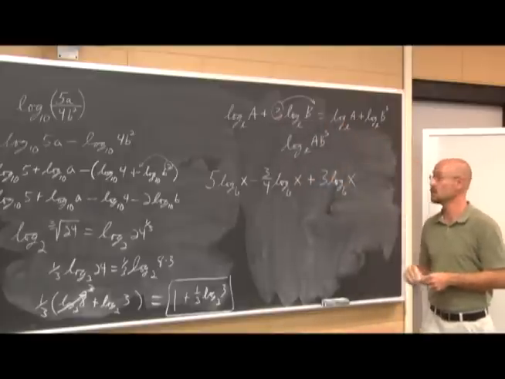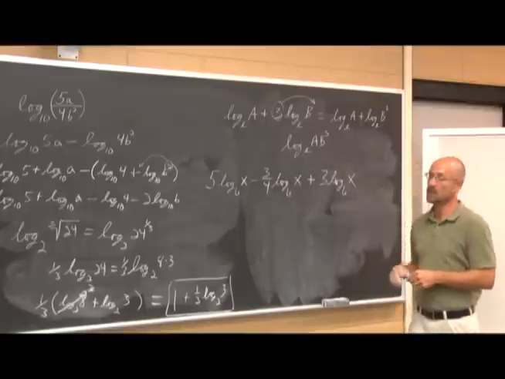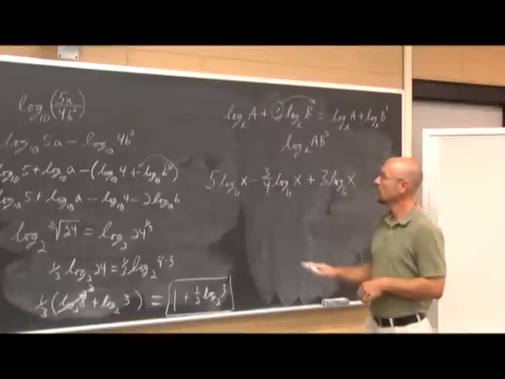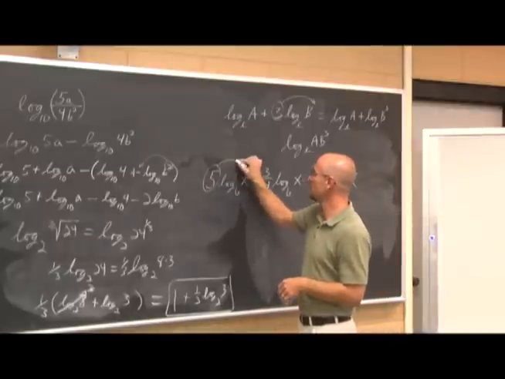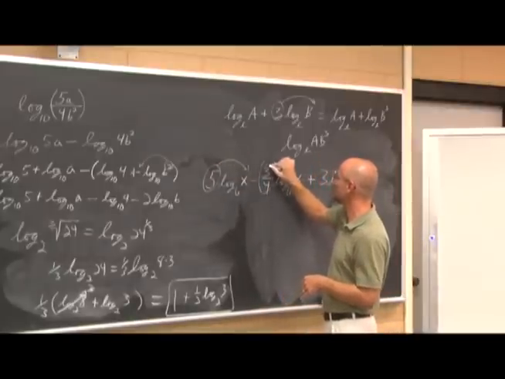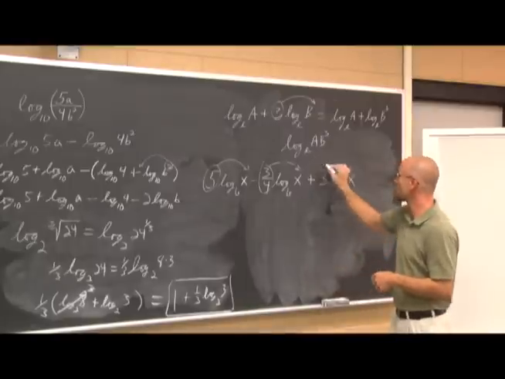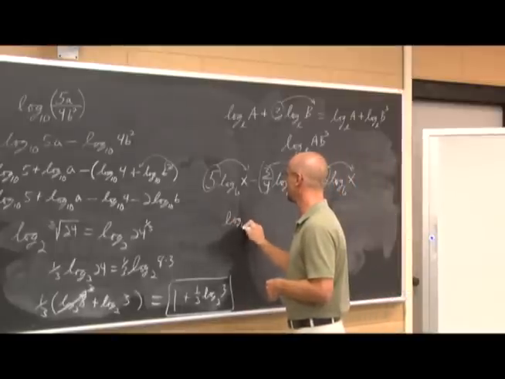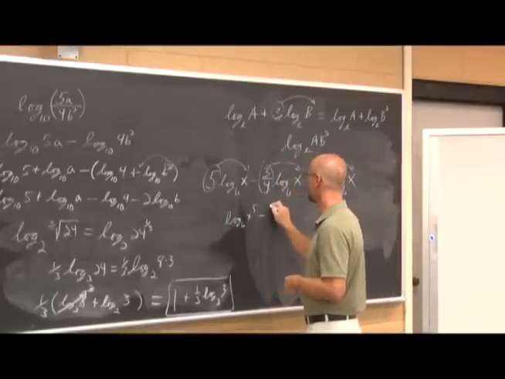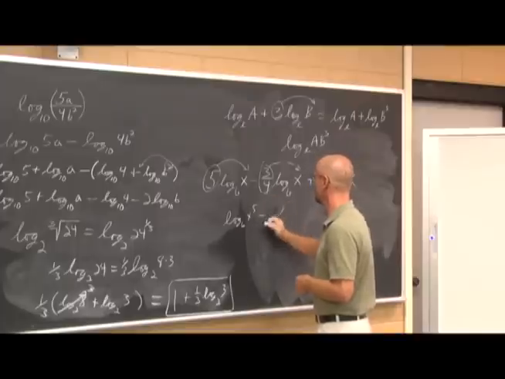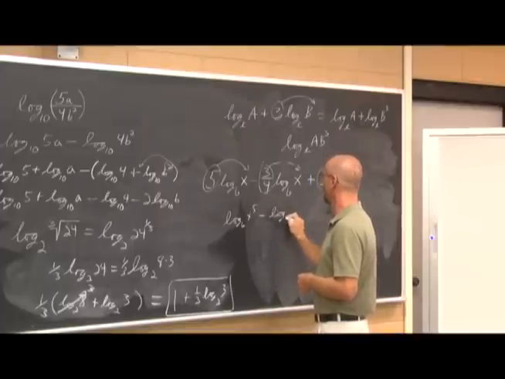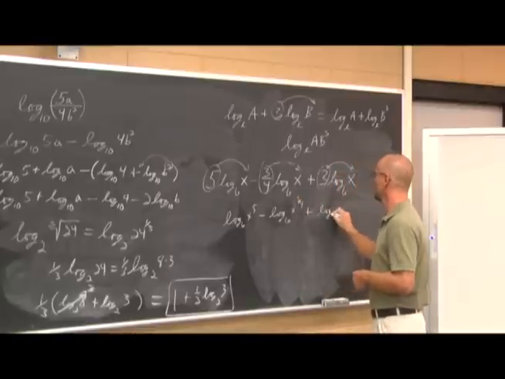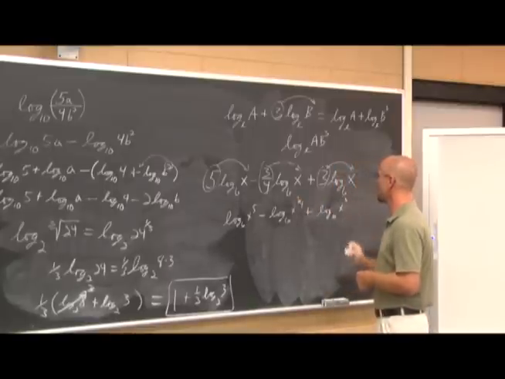Multi-steps, but we're applying those rules. Now this one here, this is going to be a long example because I'm going to show you the hard way, then I'm going to show you the easy way. Let's take all these things out here and bring them in, because this multiplication, we can undo that product rule. And if I rewrite it, I get log base 6 of x to the 5th minus 3/4, oh, I brought that in, excuse me, log base 6 of x to the 3/4 plus log base 6 of x to the 3rd power.